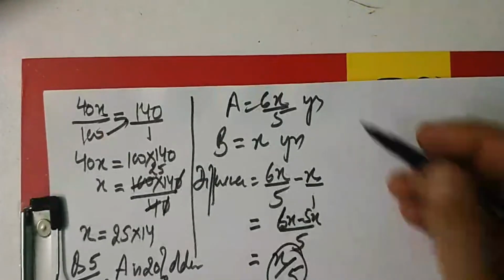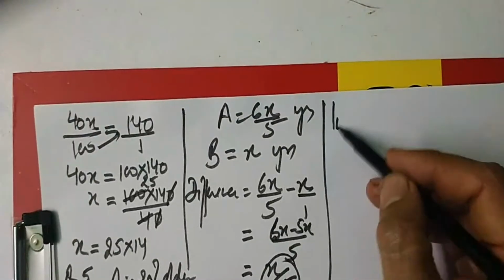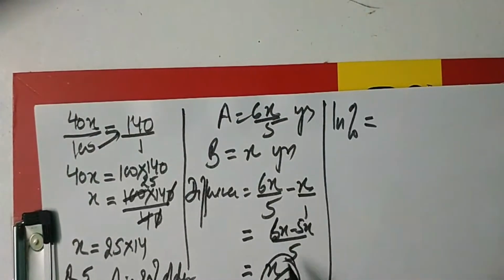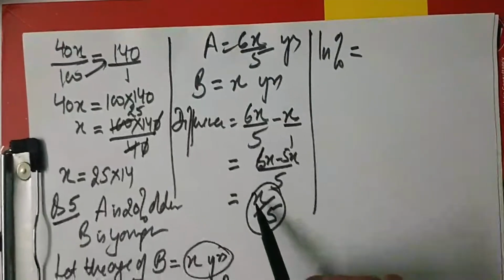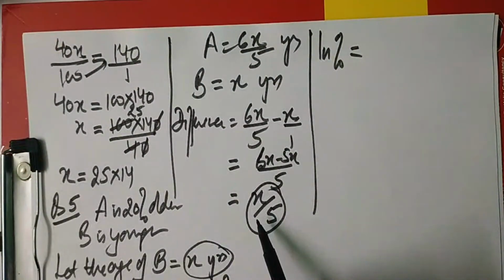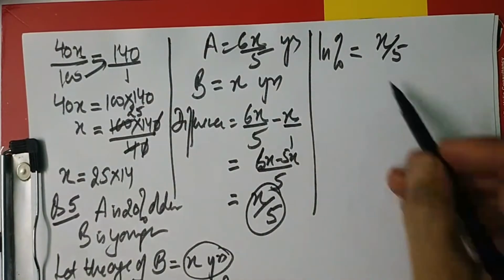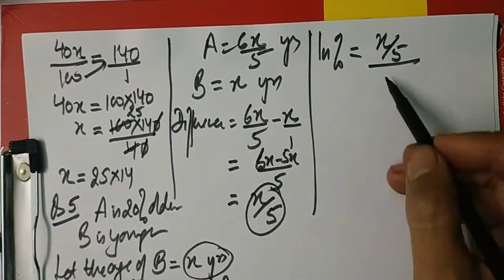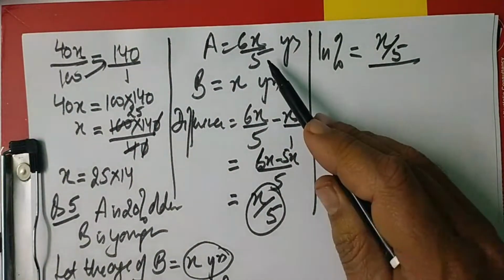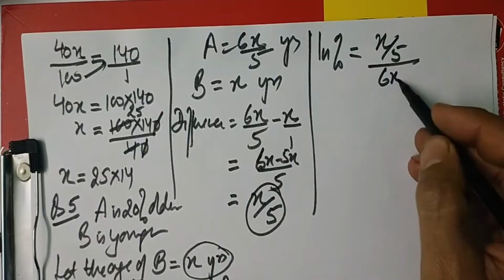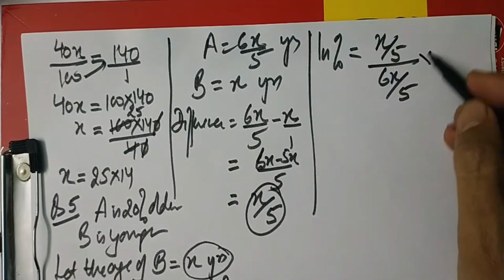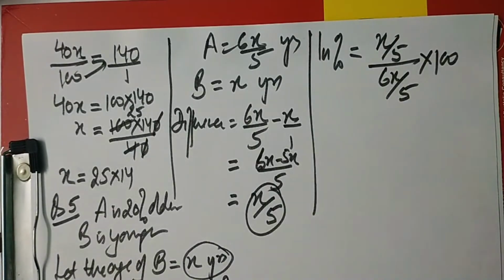Convert it into percent. This x upon 5 has to be converted into percent. So x upon 5 divided by 6x upon 5 into 100. When you solve, you will get the difference in percentage.